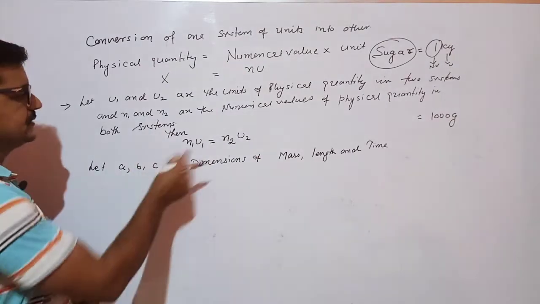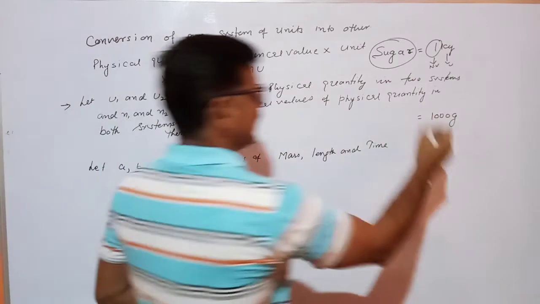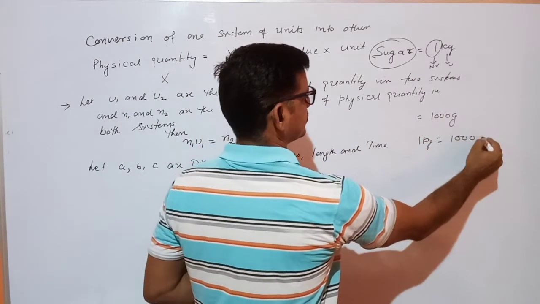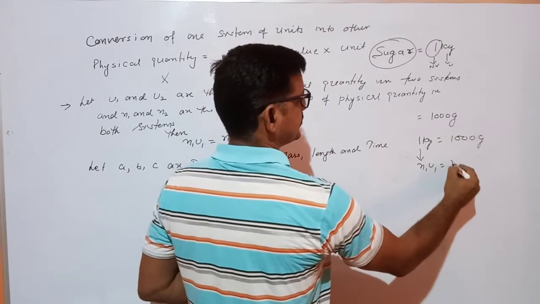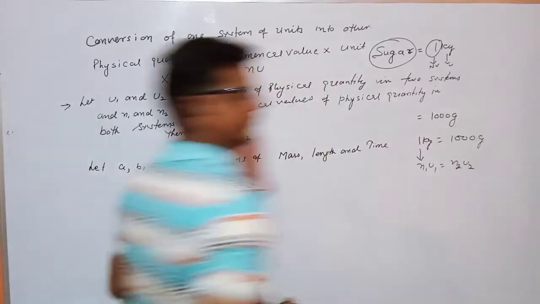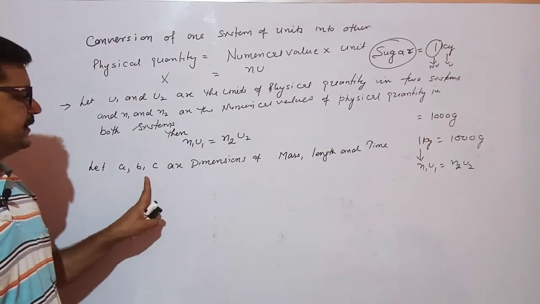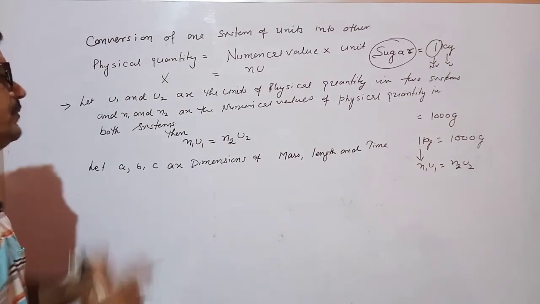So how can we write it? N1 U1 is equal to N2 U2, like this one. 1 kg is equal to what? 1000 gram. That is N1 U1 is equal to N2 U2. Let a, b, c be the dimensions of mass, length and time. Then how will you write it?